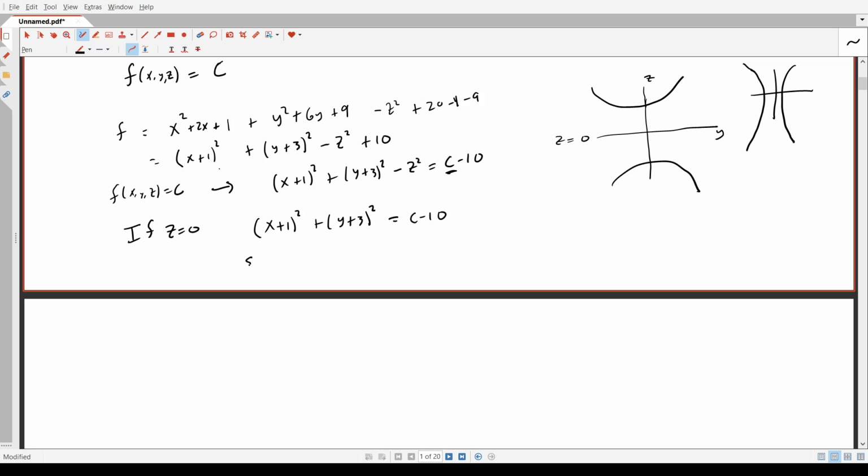So notice no solutions when c is less than 10. Right, if c is less than 10, then this has no solutions. There are no x and y points with z equal to 0, meaning that these curves don't intersect this axis. They don't touch the xy plane when z is 0. Right, the surface isn't defined there. So this is going to be the two sheets.